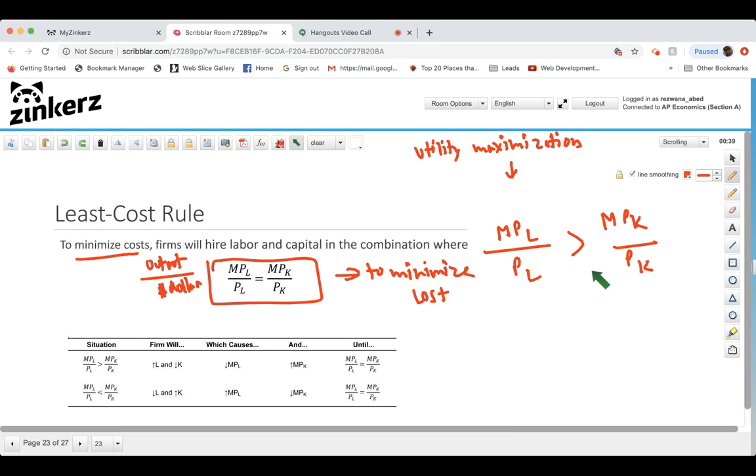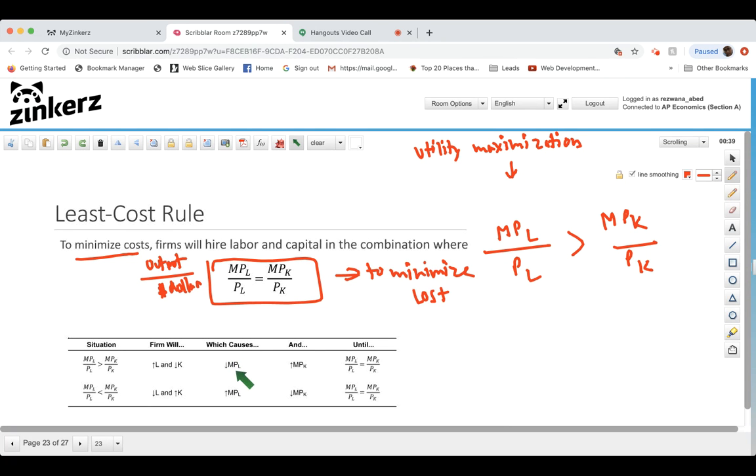And if you kept doing that, this is the situation we're talking about right now. The farm will increase their labor and decrease their capital, which will then cause the marginal product of labor to go down. Any idea why this will happen?